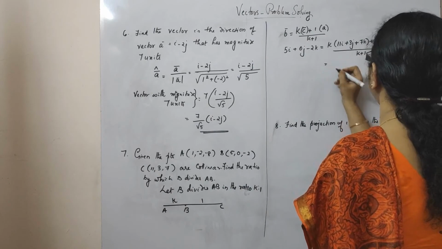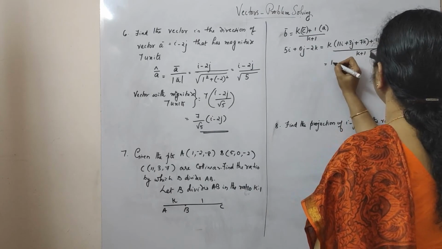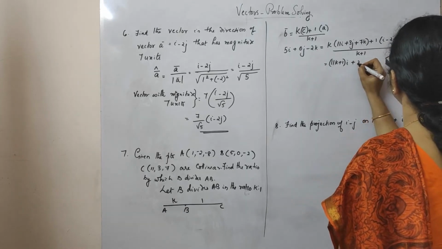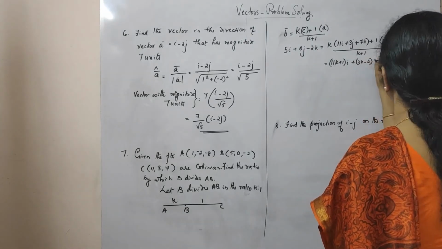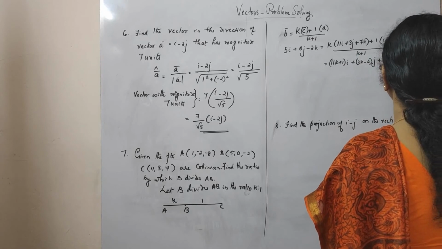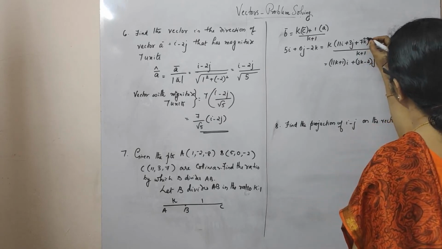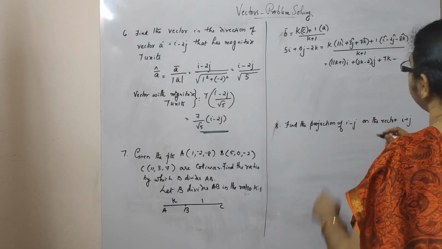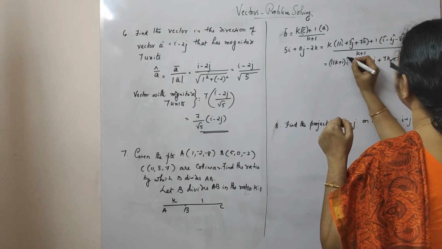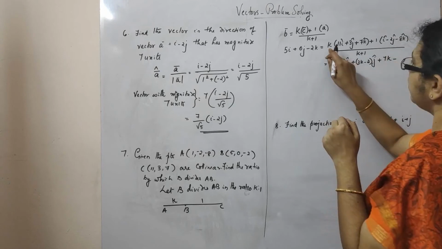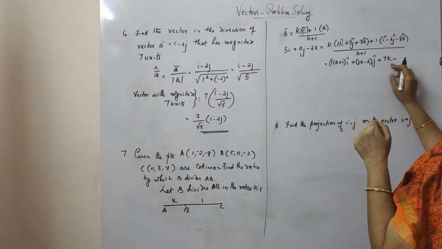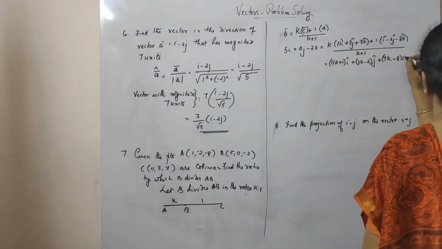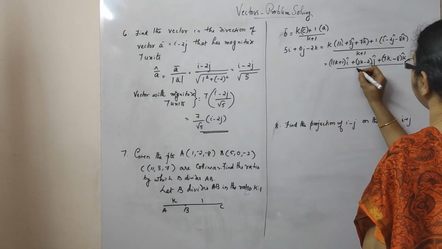So I can club and write (11k plus 1) into i plus (3k minus 2) into j plus (7k minus 8) into the unit vector k, by k plus 1. Here the ratio k should not be merged with the unit vector k.